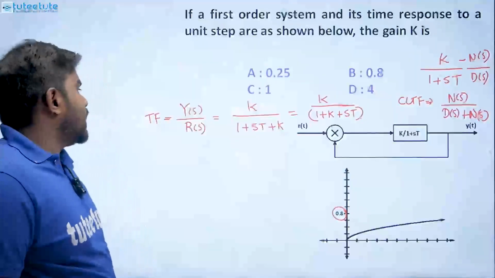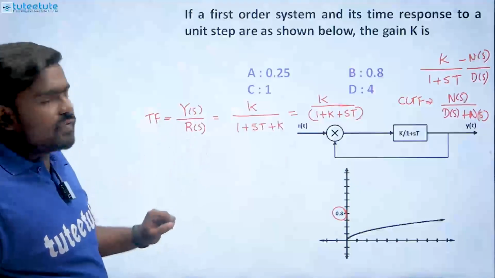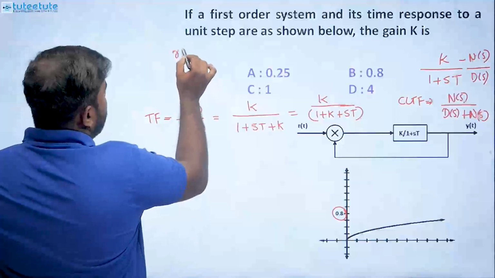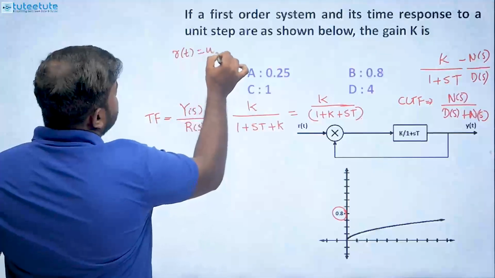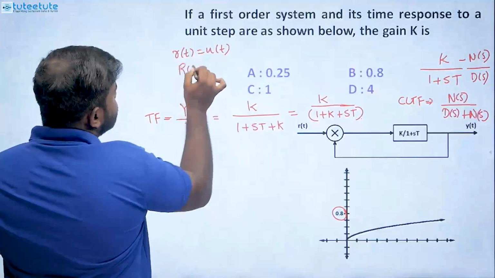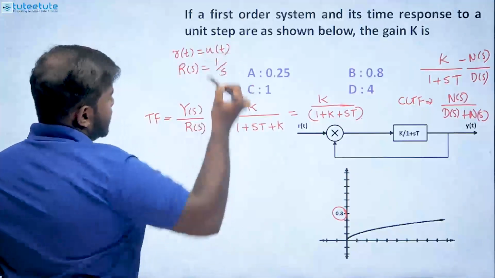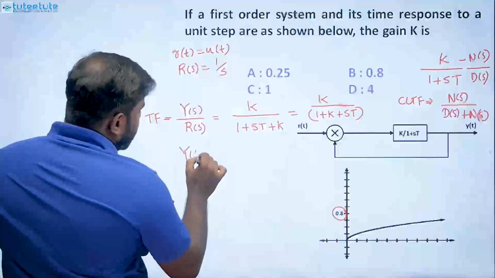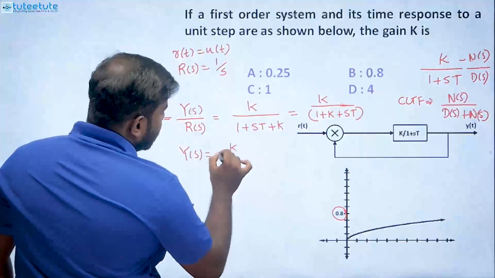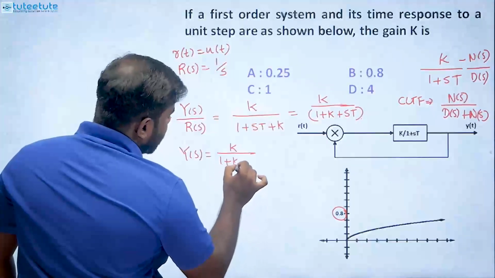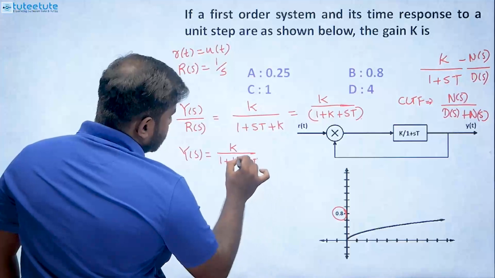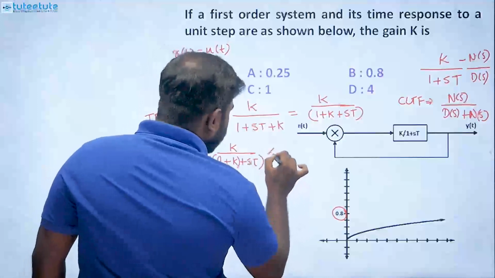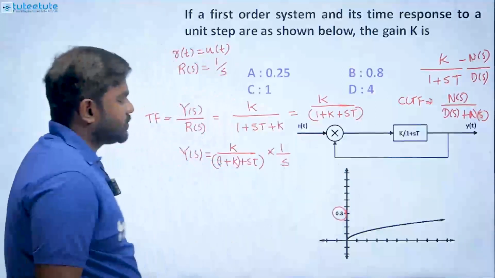Now here you have your r of s. What would be the input? It is a unit step. So r of t is nothing but u of t itself, so r of s would be 1 by s. Okay. So y of s would be nothing but k divided by 1 plus k plus s tau, whole bracket into 1 by s.